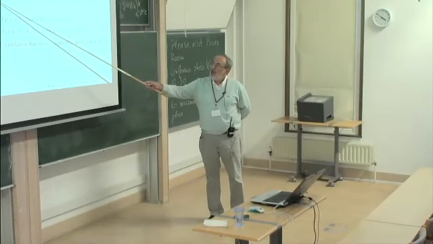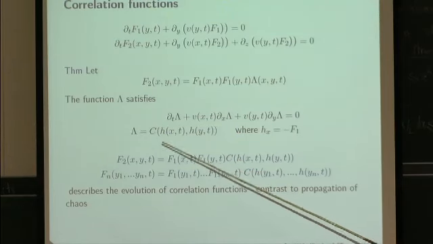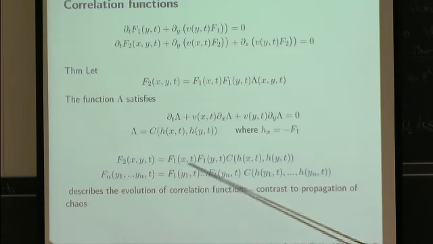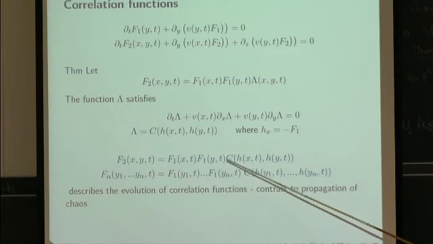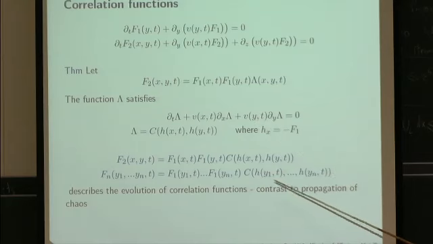And this function here, you could compute in the sense that if I give you initial data, you can compute, let's say, what happens at t equal to 0, how much f2 correlates with respect to f1, and then you use this equation here to propagate this information for this problem.